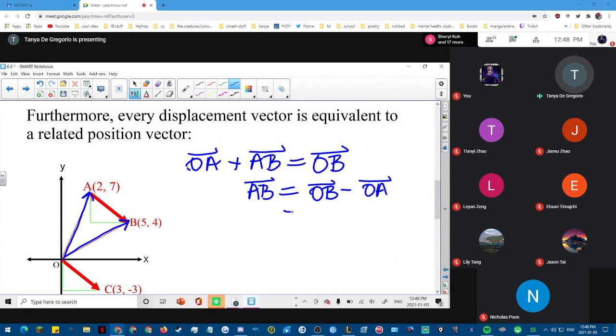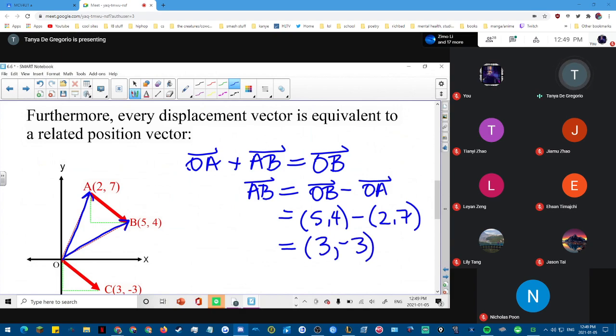Well, I have components for OB, and I have components for OA. And so now I just have to subtract the two vectors. So I do 5 minus 2 is 3, and 4 minus 7 is -3. And I have now found my position vector, OC.